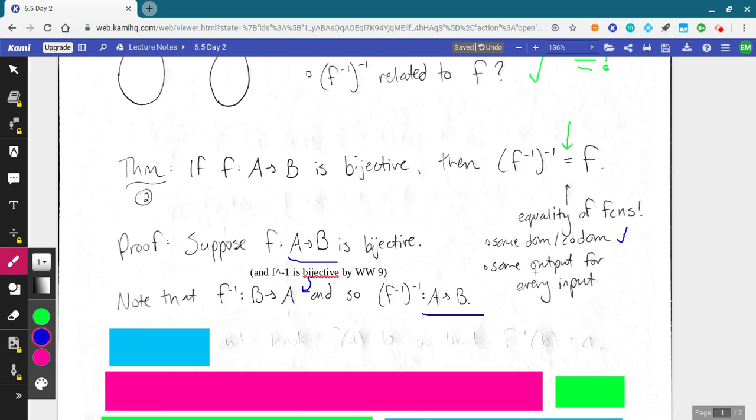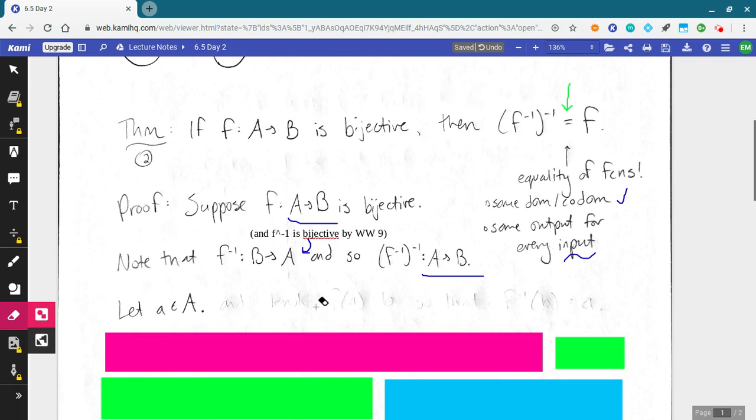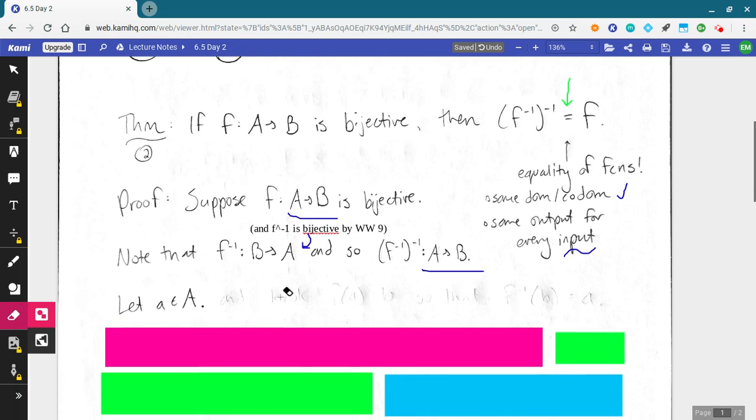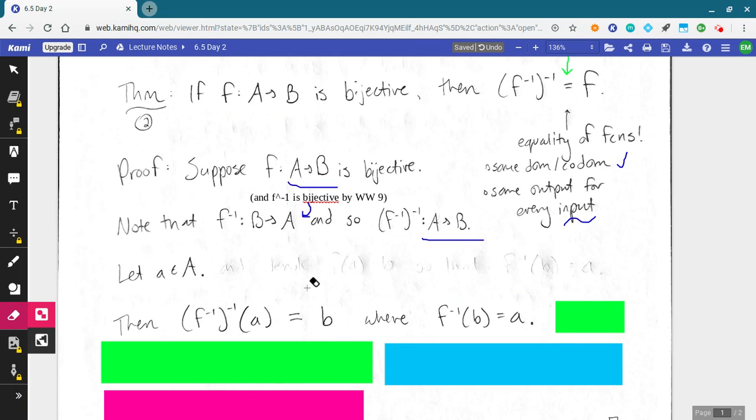All right, next, we want to check that they have the same output for every input. Their inputs come from A, and so let's just take a general element in A and see where each of these functions sends it. All right, there's a little bit of yoga going on here, working with the inverse function definition.